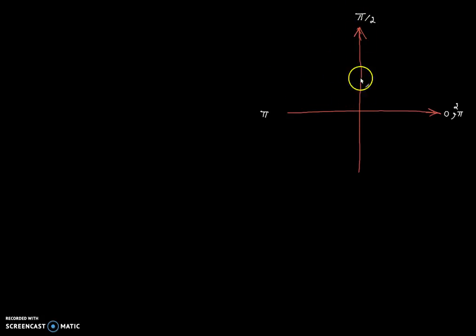So 120 is in the second quadrant, over here. So this is 90 plus 30 degrees, which is 120 degrees, which is 2 pi by 3.